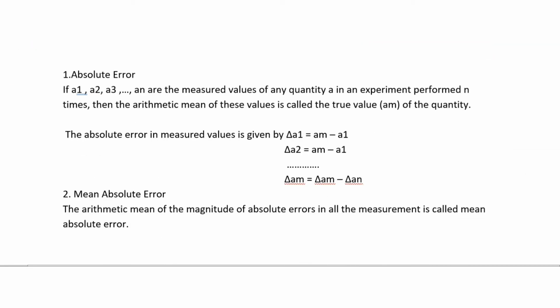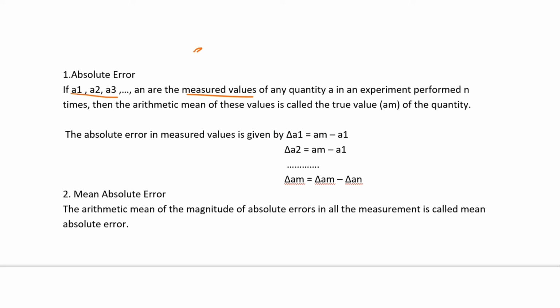Okay, now we move on to calculation of errors. First one is absolute error. Absolute error, as I told you, is nothing but the true value minus the measured value. So here we are taking A1, A2, A3 as the different measured values of a quantity in an experiment performed several times.